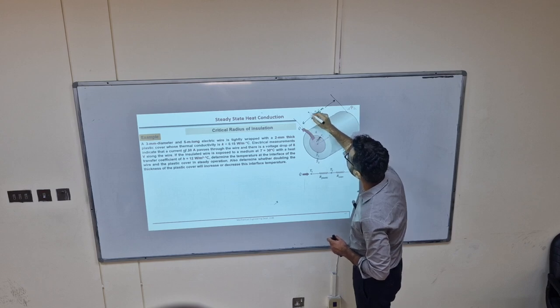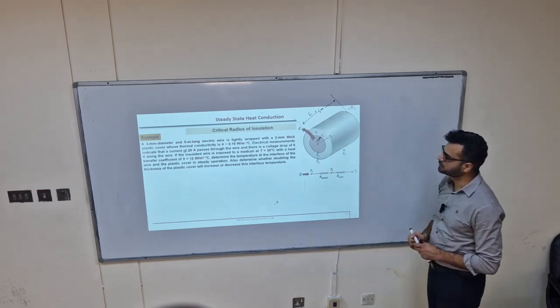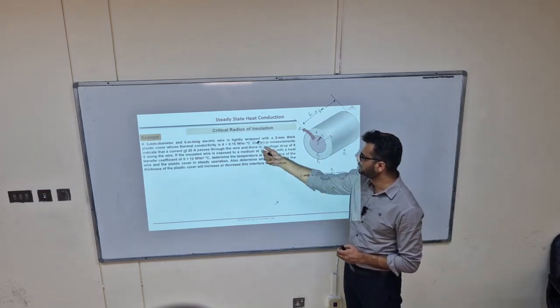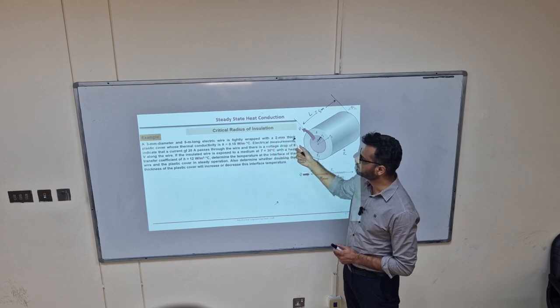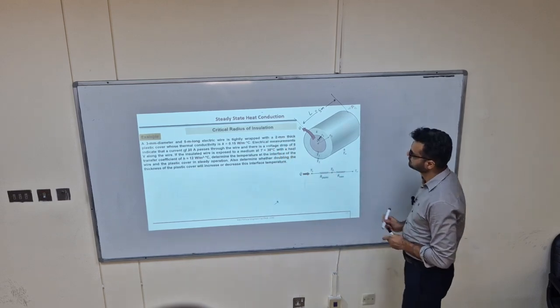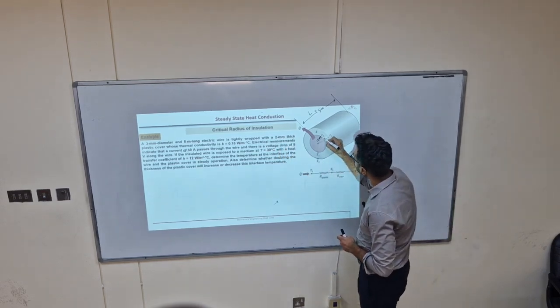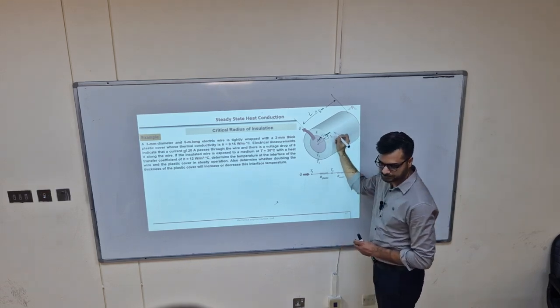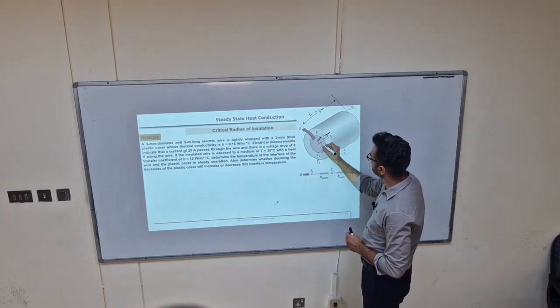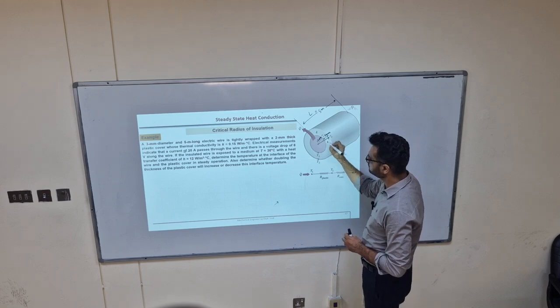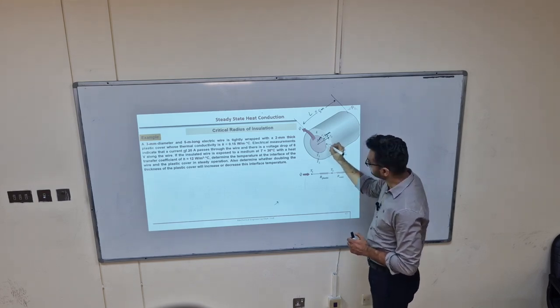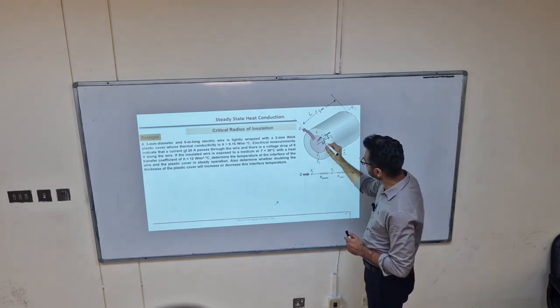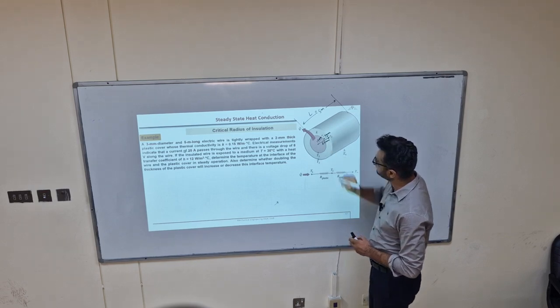The 5 meter long electric wire is tightly wrapped with a 2 millimeter thick plastic cover. 2 millimeter thick plastic cover means, now what is this R2? 3.5 millimeter.